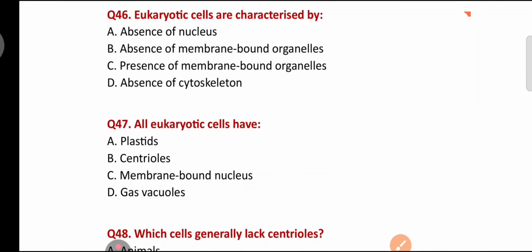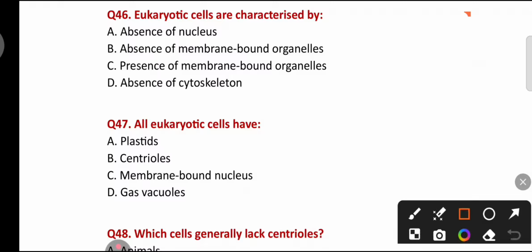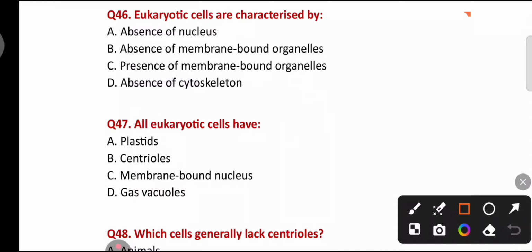Eukaryotic cells are characterized by absence of nucleus, absence of membrane-bound organelles, presence of membrane-bound organelles, absence of cytoskeleton. Presence of membrane-bound organelles, for example endoplasmic reticulum, mitochondria, nucleus. These are found in eukaryotic cells.